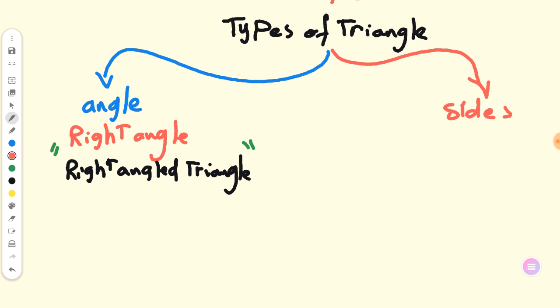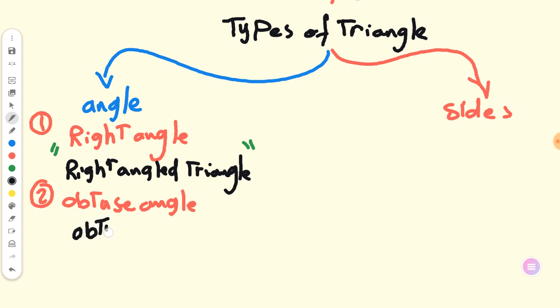If the triangle has an obtuse angle, we call it an obtuse angled triangle.